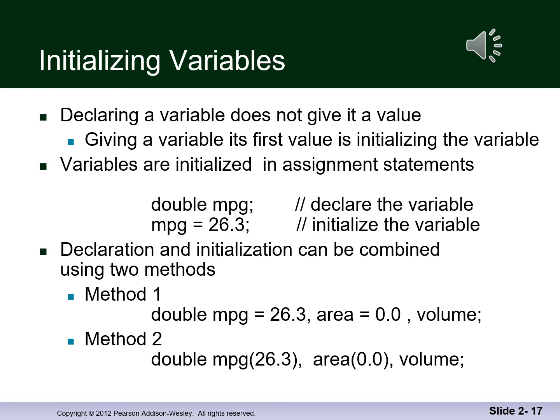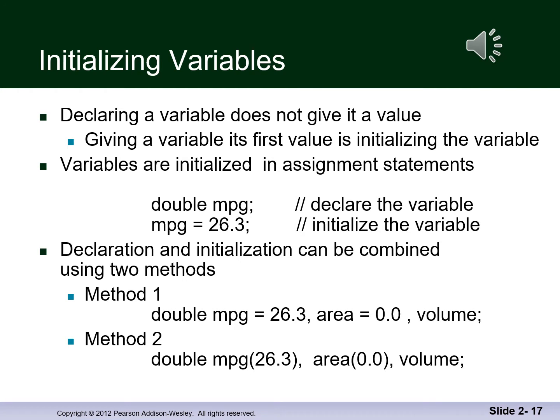So here's an example of a double variable named MPG being declared, double MPG; and then immediately in the next program line being initialized with the value 26.3. 26.3 is being assigned to MPG. Now, of course, MPG has to have been declared before you can assign a value to it.